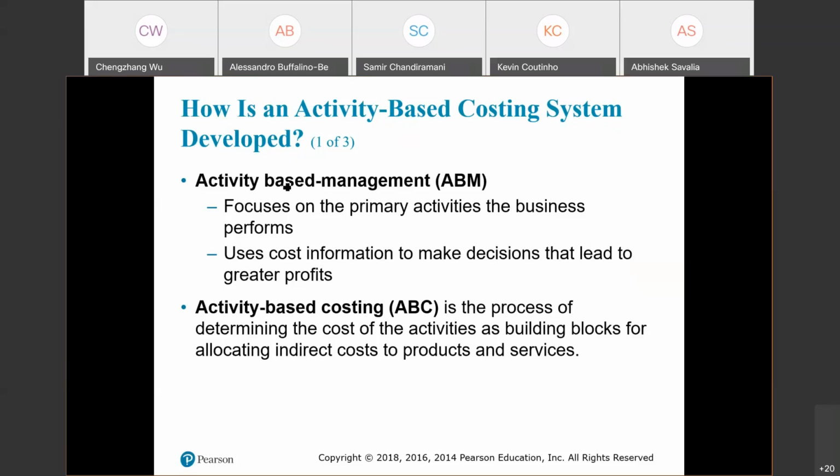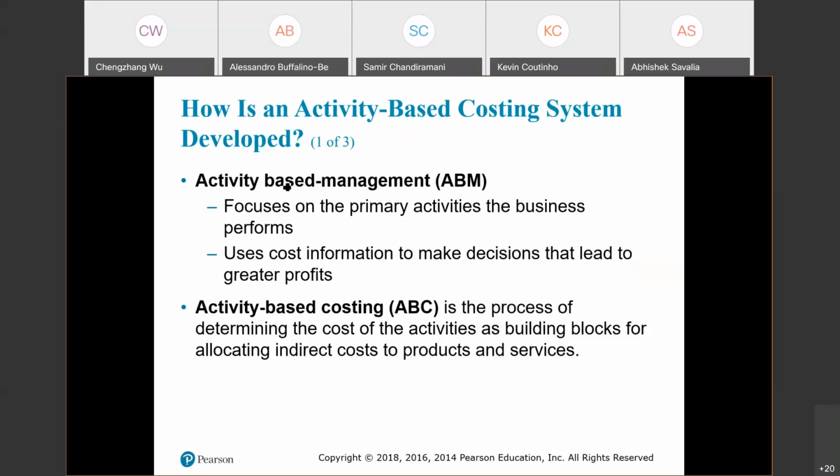So here, an activity. What is an activity? Basically, in activity-based costing, an activity is a task, operation, or procedure such as quality inspection, warranty services, or shipping.